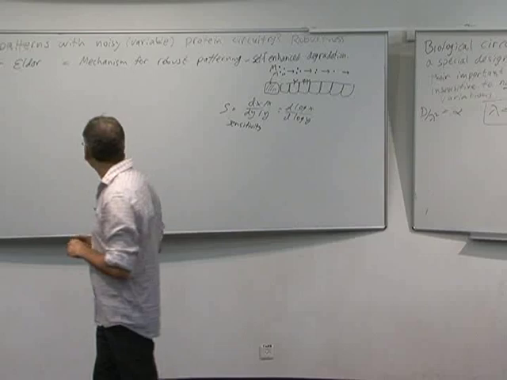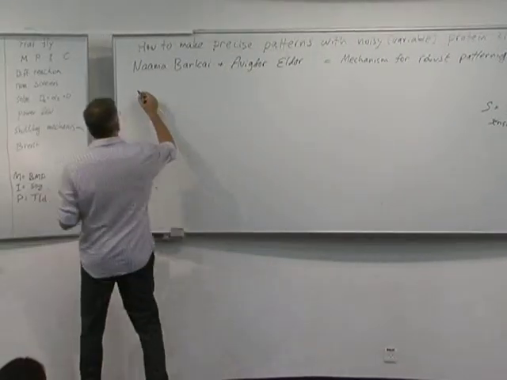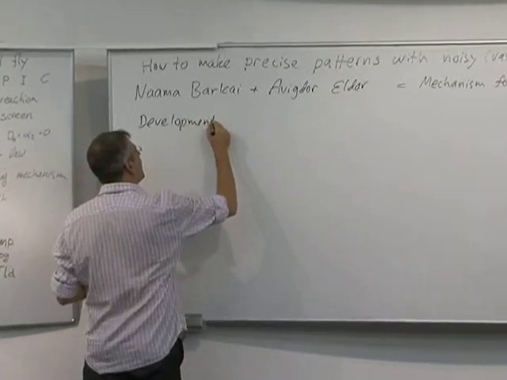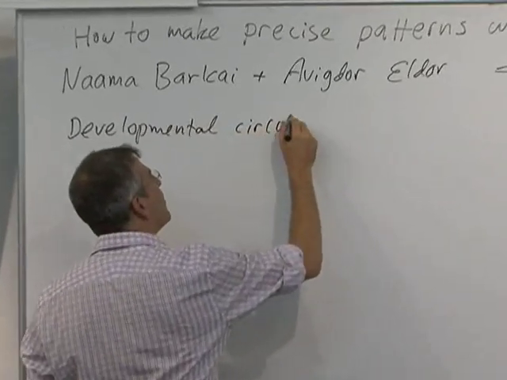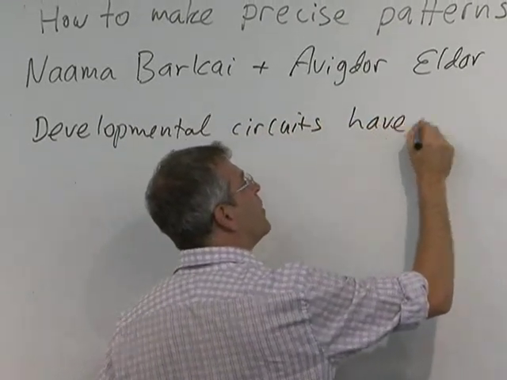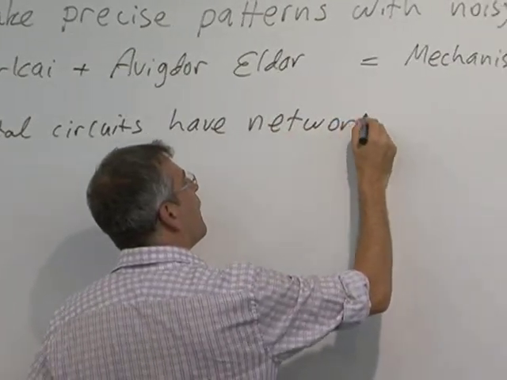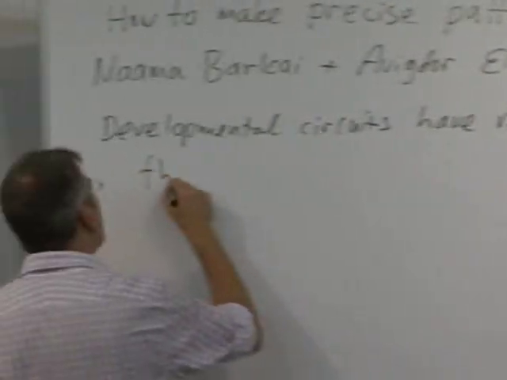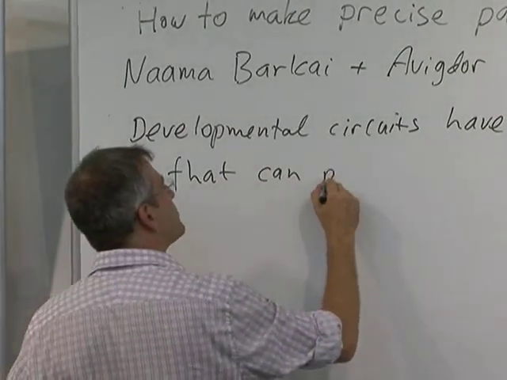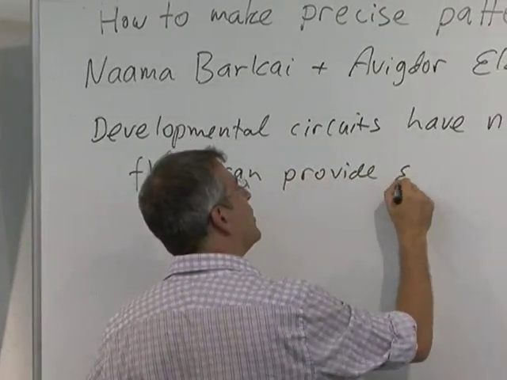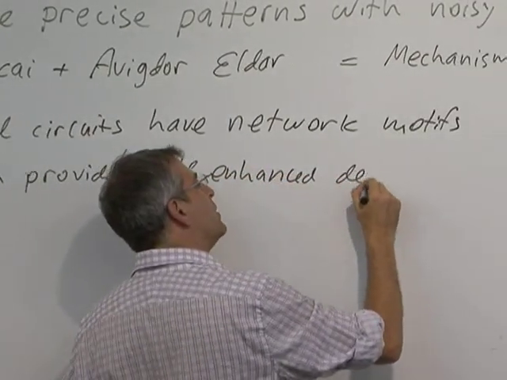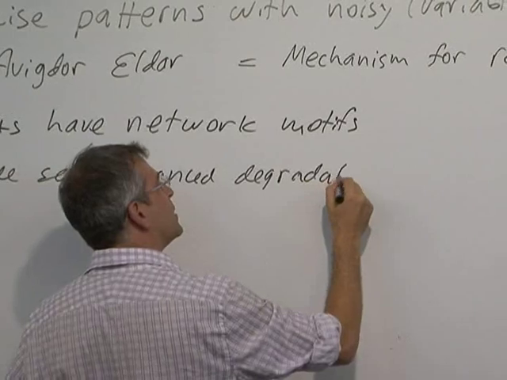Good. So there are developmental circuits with network motifs that can provide self-enhanced degradation.